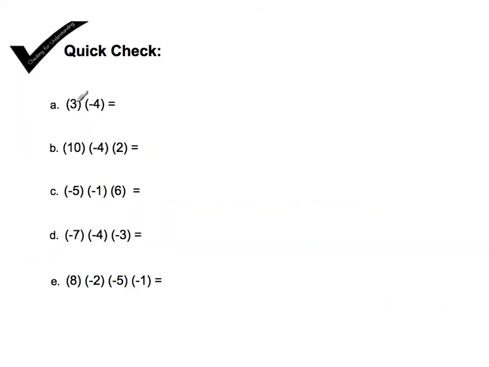So it's a quick check. 3 times 4 is 12, and there is one negative, so it's negative. 10 times 2 is 20, times 4 is 80, and there's only one negative, so it would be a negative product. 5 times 1 is 5, times 6 is 30, and there are two negative integers, so your product is going to be positive. 7 times 4 is 28, and 28 times 3, I believe it's 84.